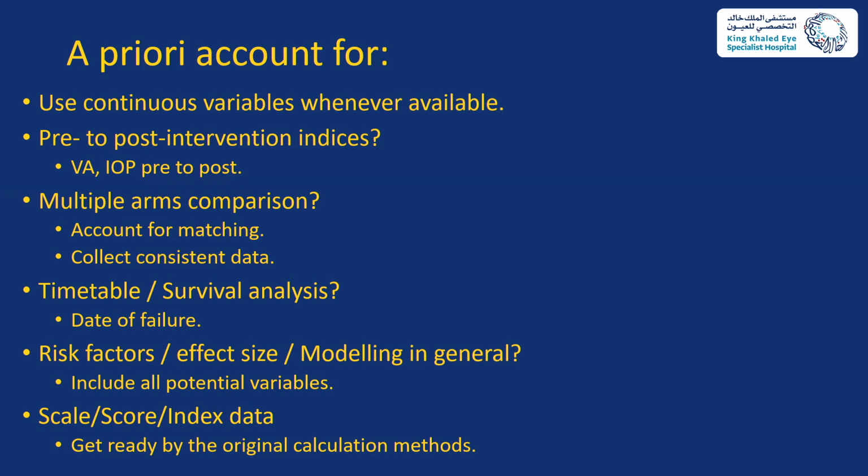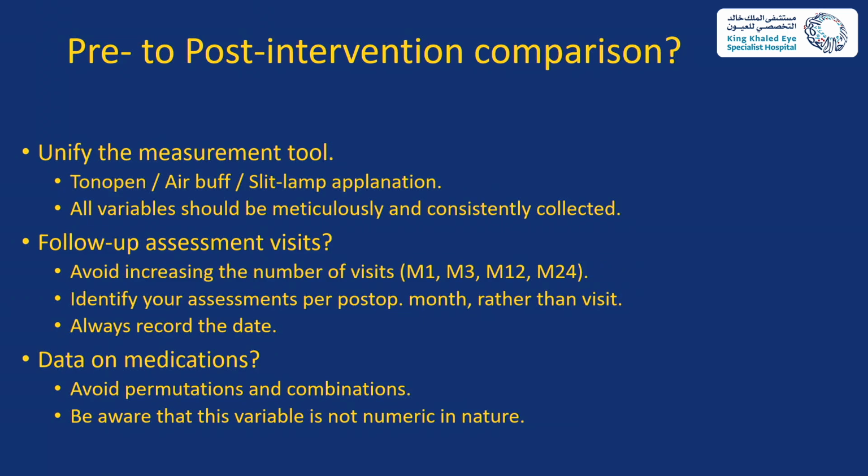They develop the way of analysis, and they tell you how to calculate the scores, how to add them up, how to correlate them to other variables, and so on. So be careful when you go for indices or scales, for example, Likert scale analysis and all these things.